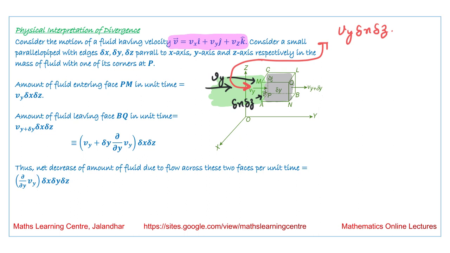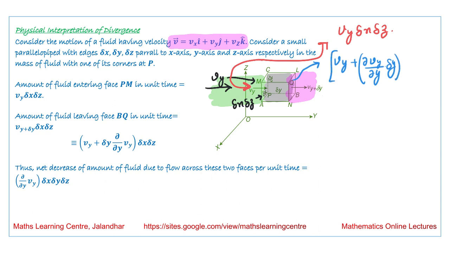Next, we consider the fluid coming out of this opposite face of the parallelopiped. The velocity with which it comes out is vy plus del vy by del y into delta y, whatever the change in y is.